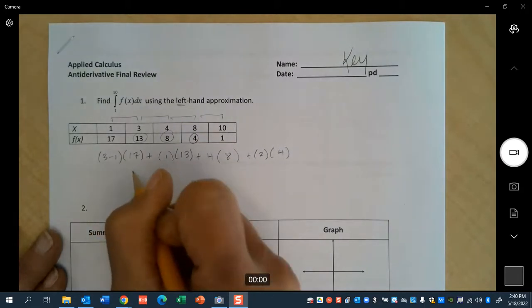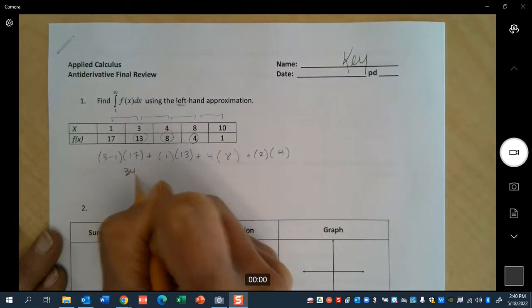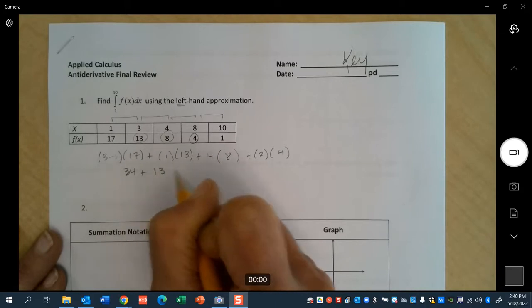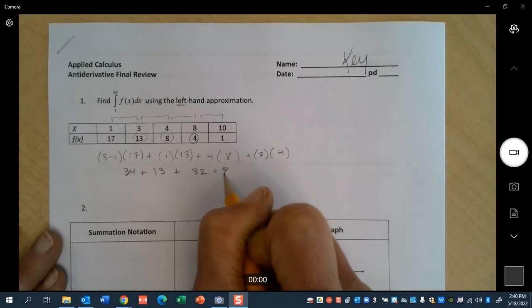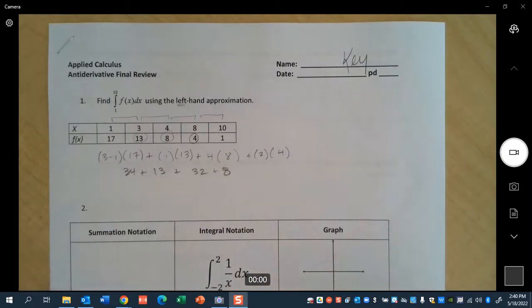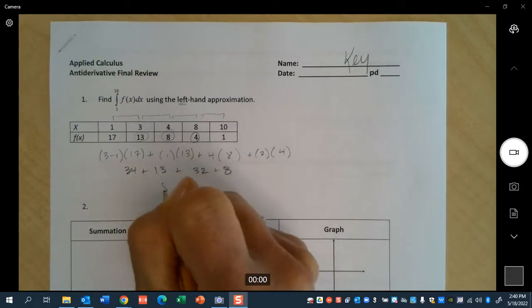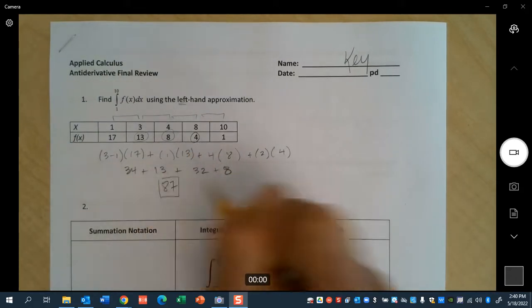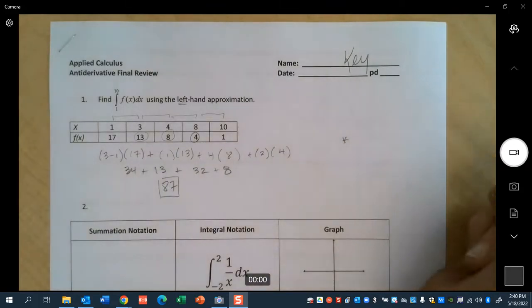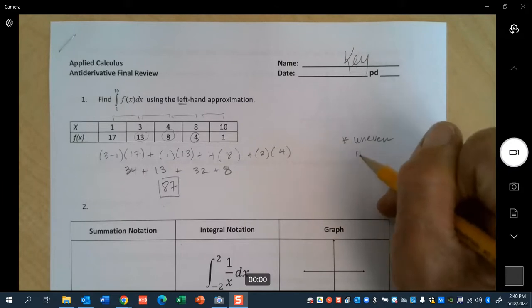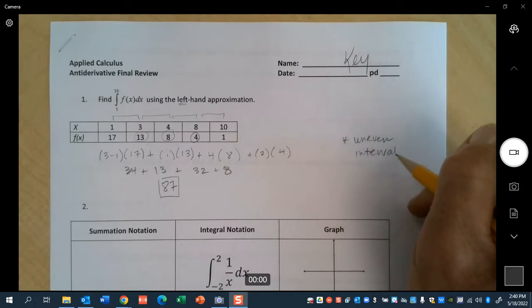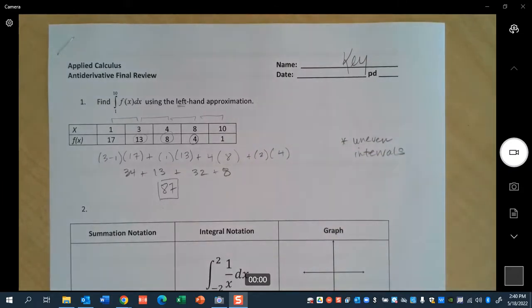So I've got 2 times 17 is 34, plus 13, plus 32, plus 8. So it's at 40, 53, 87. The kicker here is you want to make sure you know that these are uneven intervals, so you can't do any shortcuts.